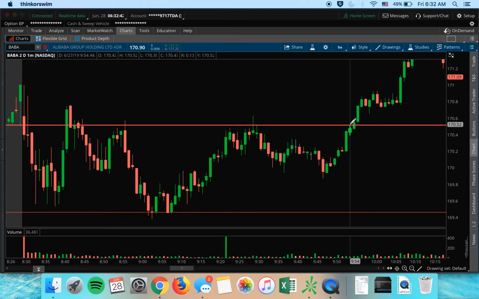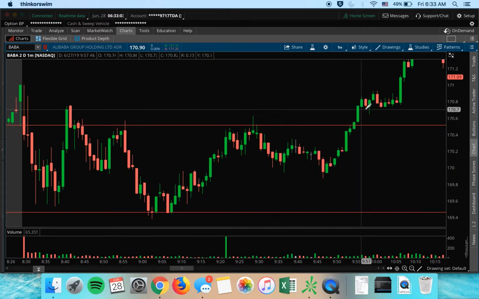So knowing that Alibaba has resistance at 170.50, and we're watching this throughout the day and we see that it's starting to come back up and then it pushes up with conviction all the way up to 175 and then it holds, unlike back here when it gets slammed back down immediately.